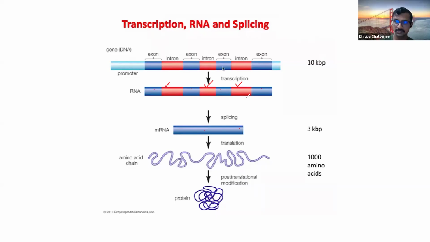The mRNA transcript is then spliced within the nucleus to join only the exons and splice out the introns. Then this spliced mature mRNA comes out of the nucleus to the cytosol, where the nucleotide information of the mRNA is translated into amino acid sequence information of the polypeptide chain, which eventually folds into proteins having a certain three-dimensional structure, which is also important in terms of performing their respective functions.